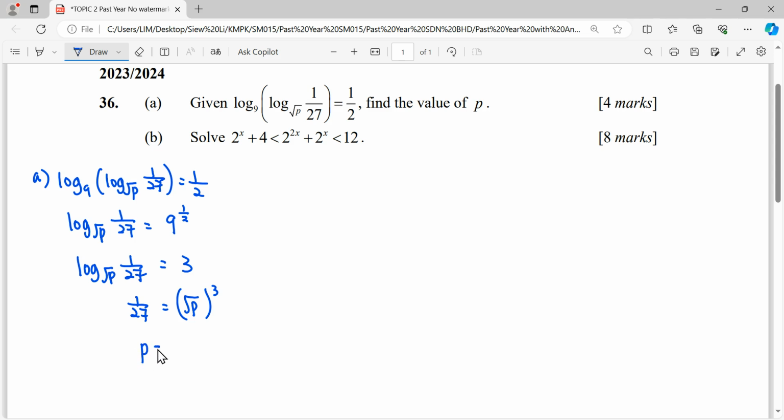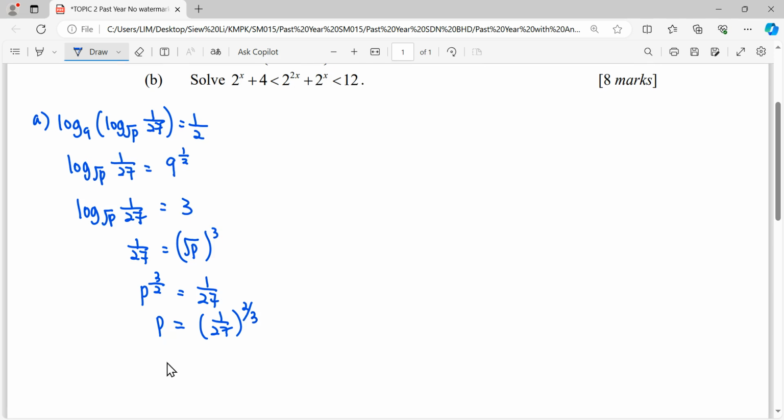So p equals 1 over 27 to the power of 2 over 3, because square root means over 2. So to find p, for this 1 over 27, we need to power 2 and cube root. So p will equal 1 over 9.